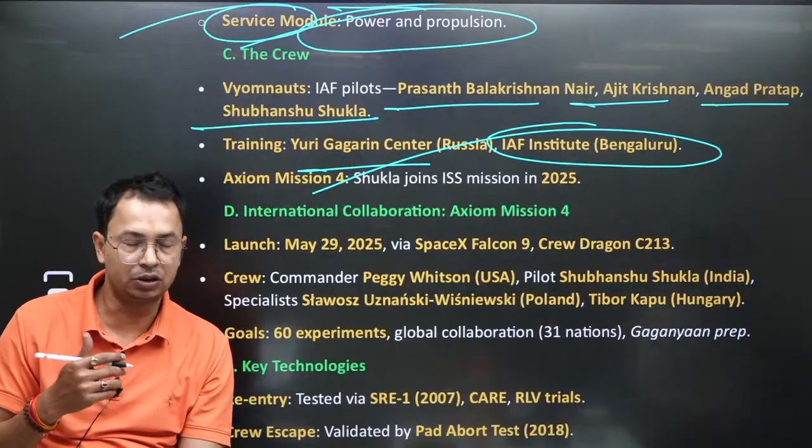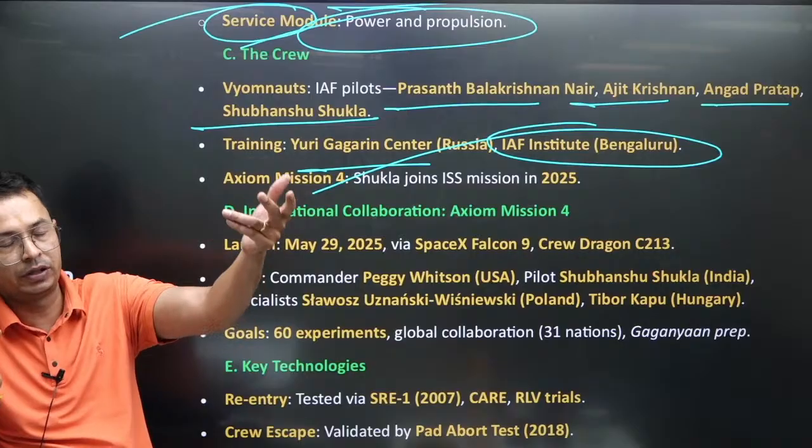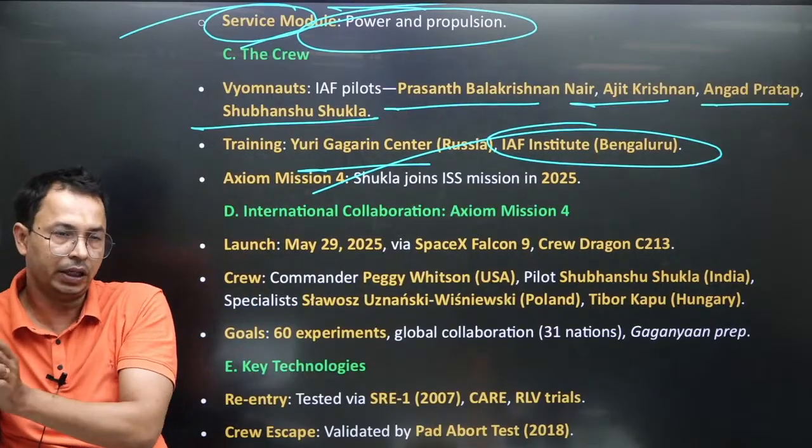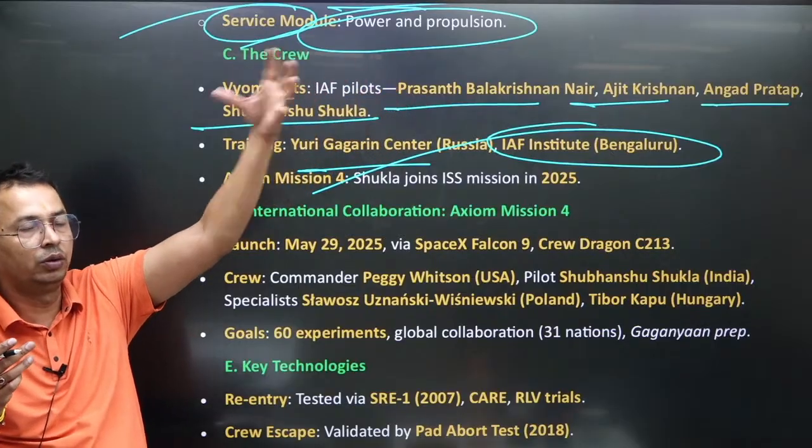Mr. Subhanshu Shukla will also travel to the International Space Station before the Gaganyaan mission. This is after Rakesh Sharma went to space.